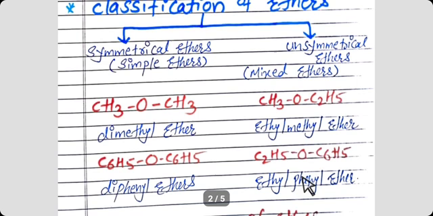Same here in the next example, one side of oxygen is attached to a phenyl group and another side is attached to an ethyl group. So this is the classification of ether, and ethers are classified into two groups. One is symmetrical ether or simple ether, another is unsymmetrical or mixed ether.